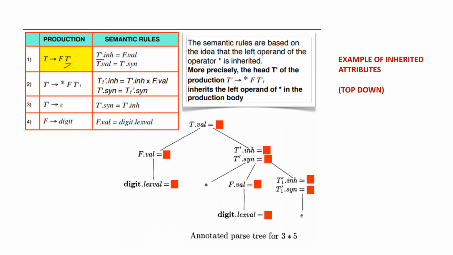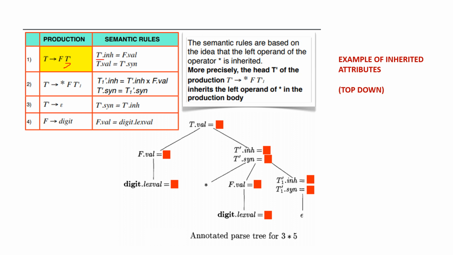Here T dash tends to star F T, which means we are going to multiply two numbers. Here T1 is for differentiation. Actually T1 dash.inherit equal to T dash.inherit times F.value, which comes from the sibling as well as the parent, and T dash.synthesis equal to T1 dash.synthesis, which gets its value from its child node.